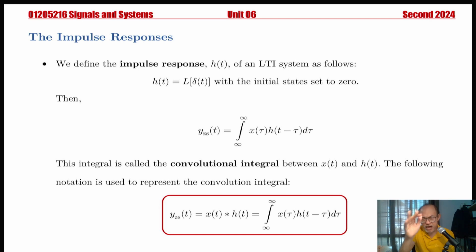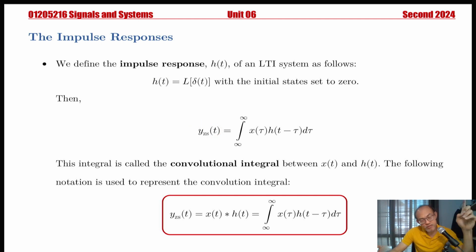For the output to be an impulse response, you have to satisfy two things. First, the input would have to be the impulse signal. Second, all the initial states of the system would have to be set to 0. If these two are satisfied, then the output is indeed the impulse response. Now, given the impulse response of an LTI system, you can find the zero state response.